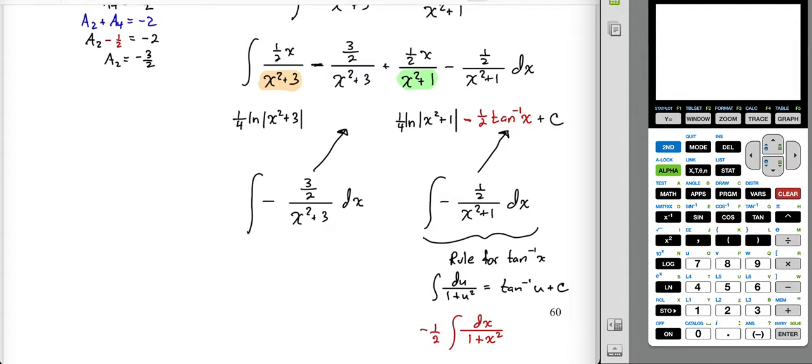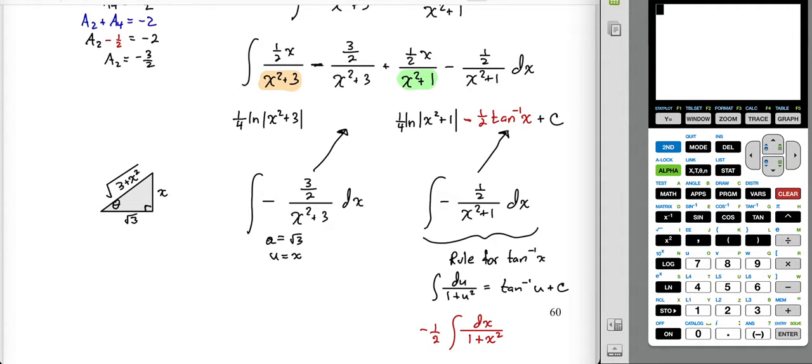So again, this has got a tangent look to it, so I'm going to draw a triangle. The a is radical 3, because it's in the form of a squared plus u squared. So u is going to be equal to x. In the end, it wouldn't have mattered, but just to be consistent. So x, radical 3, and then we would have the square root of 3 plus x squared.